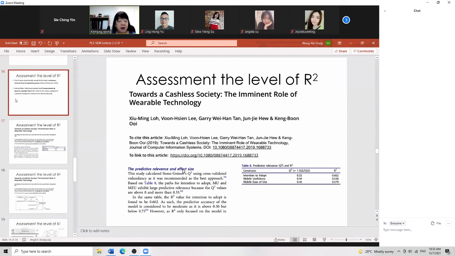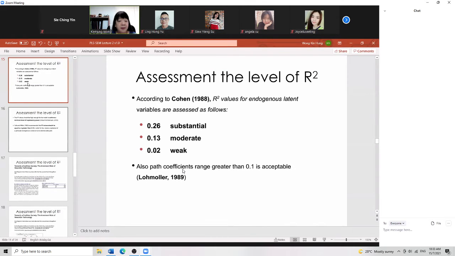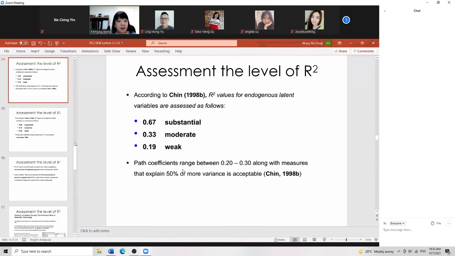Okay, let's see. All right, this one is 0.5. Okay, you see, because it's less than 0.67 substantial, so it's okay.